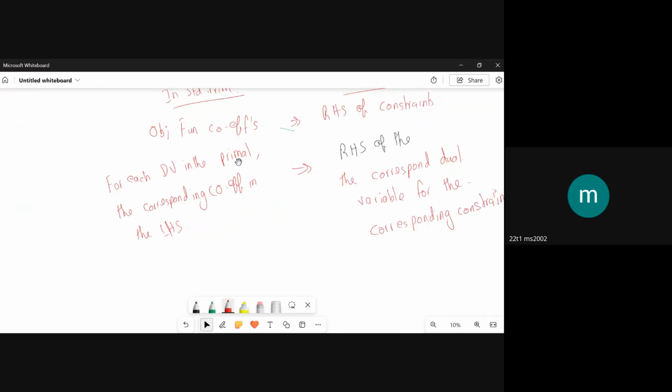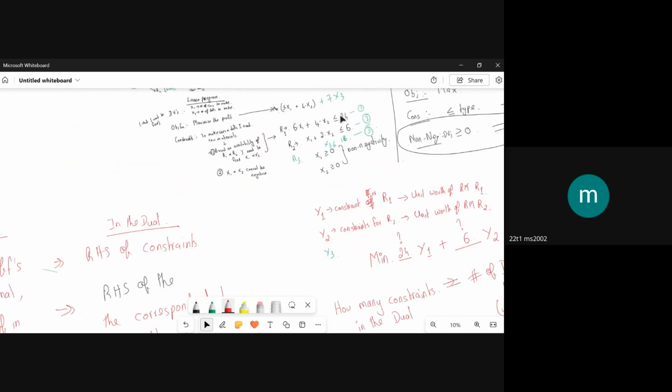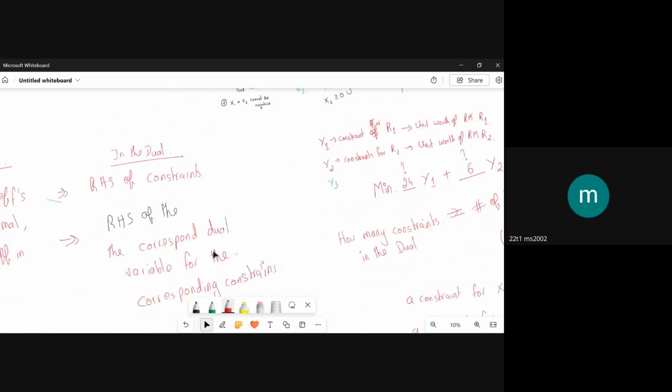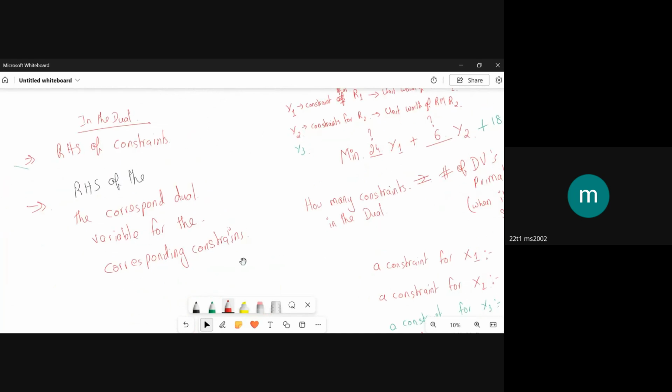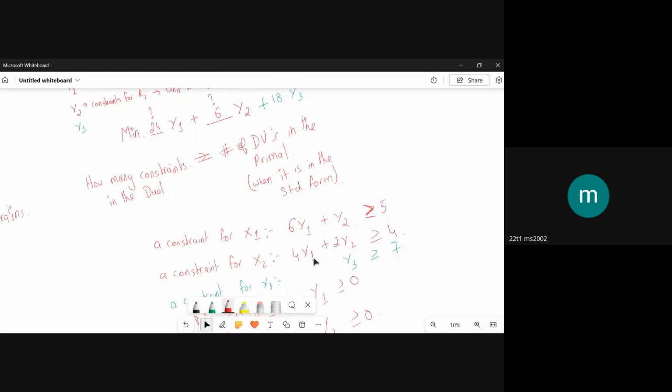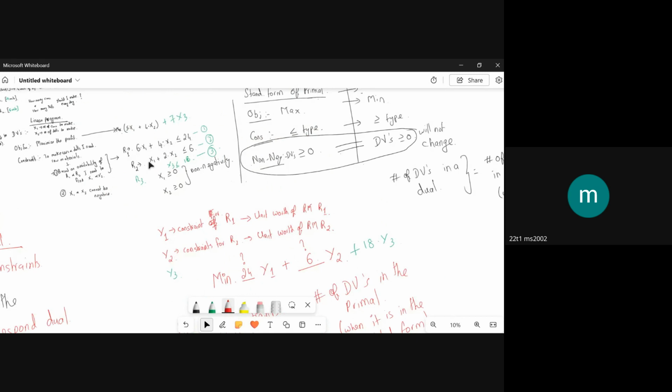For every decision variable in the primal, the corresponding coefficient in the LHS will become the coefficient of the corresponding dual variable of the corresponding constraints, right? So it will become 6y1, 4y1, 1y2, 2y2. 6, 4, 1, 2. Or did I confuse you guys even more? Clear?